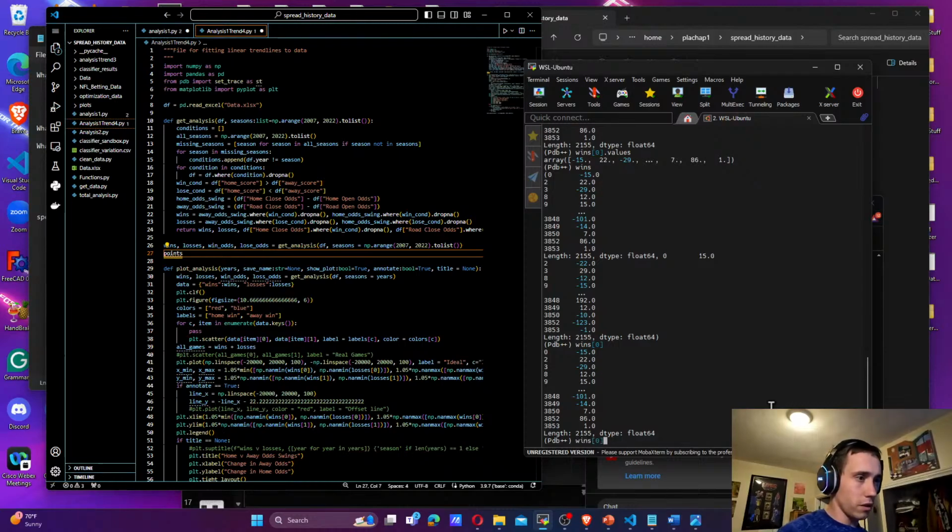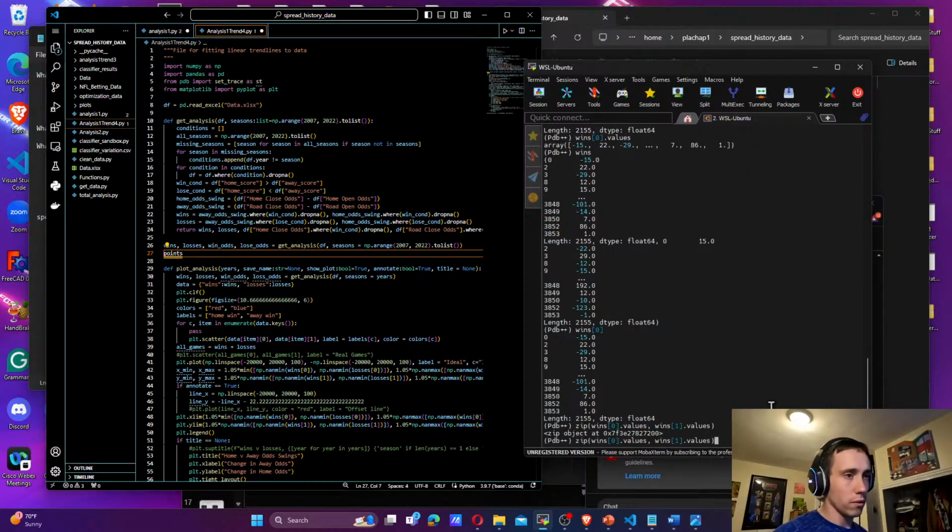Wins of 0 dot values, comma, what if we zip them together? Zip wins of 0 dot values, and then wins of 1 dot values. Okay, let's just do i for i in that.